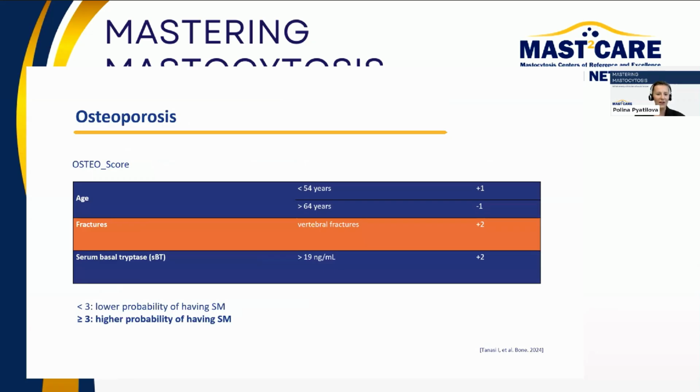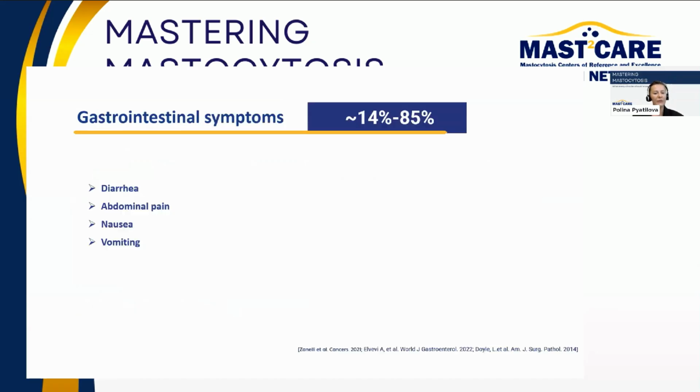Again, we love scores. We have another score which helps us think about which patients with osteoporosis, a common disorder, could have mastocytosis. These are young patients, younger than 55 years old, with vertebral fractures specifically, and tryptase level will also help us in this case.